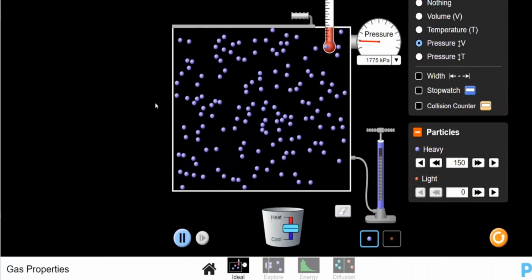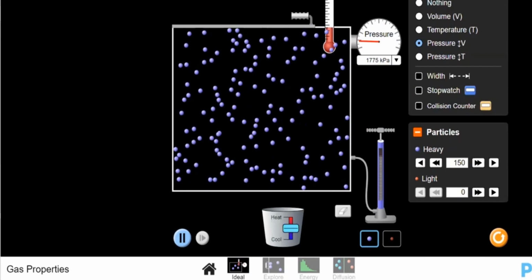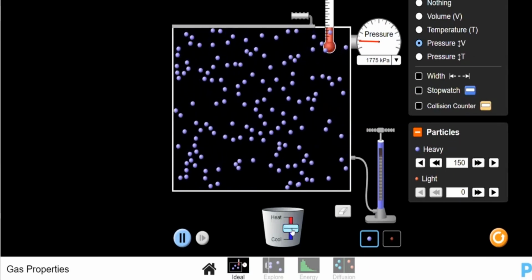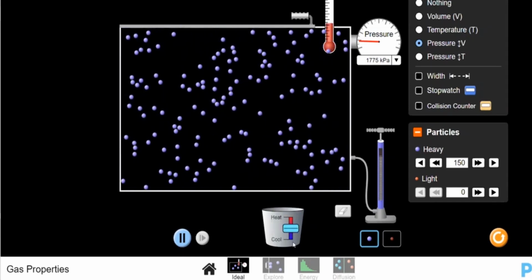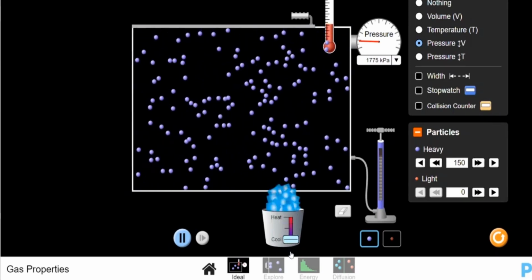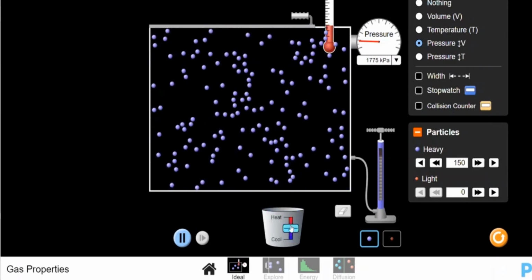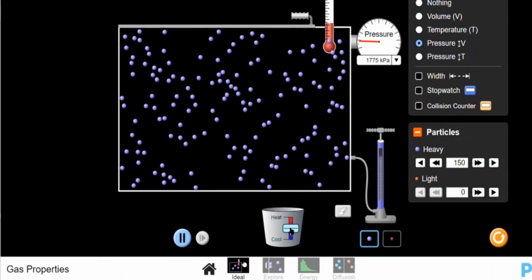All right, now watch what happens when I dump in some heat. The pressure is going to remain constant. 3, 2, 1. There goes some heat. And look at my volume change. So here's what happens when I add some heat. Here's what happens when I remove some heat. The temperature is changing. The volume is changing, but the pressure remains constant.